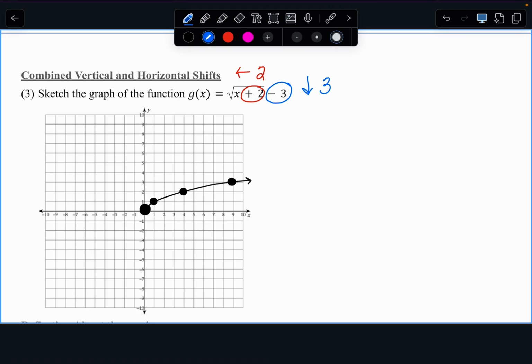Left 2, down 3. That is the transformation of that graph.